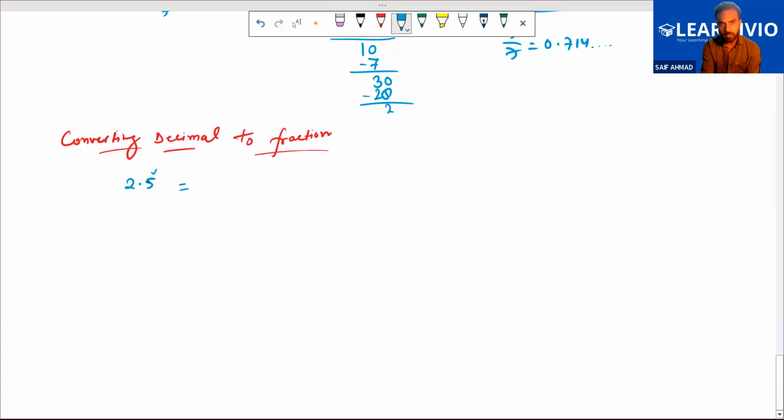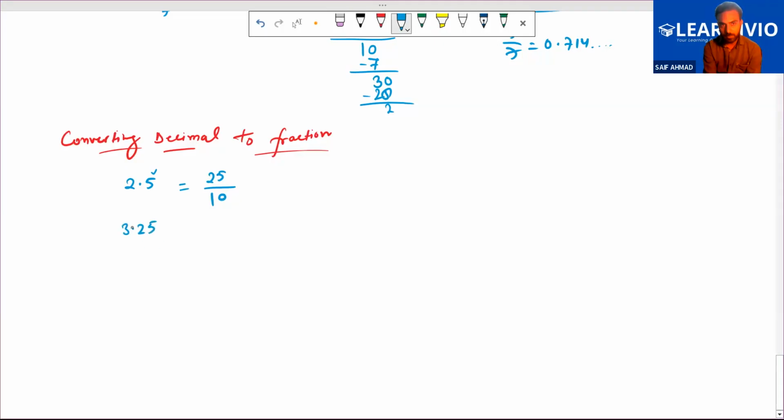How many digits are after the decimal? Only one. So you have to put one 0 after 1. Just the opposite of what I did above. It is 25 by 10.